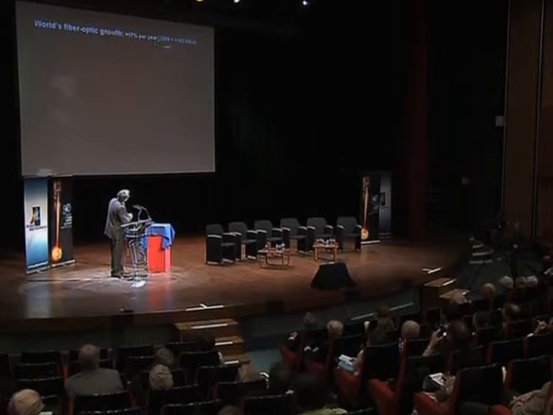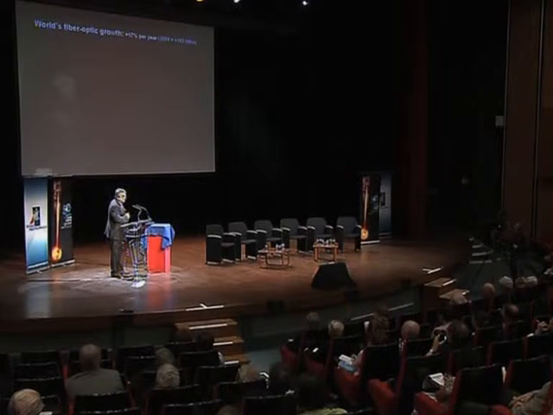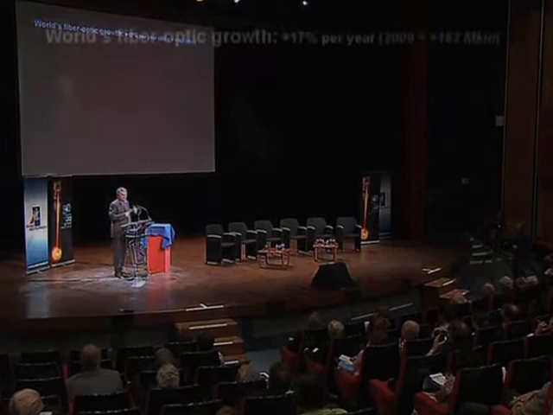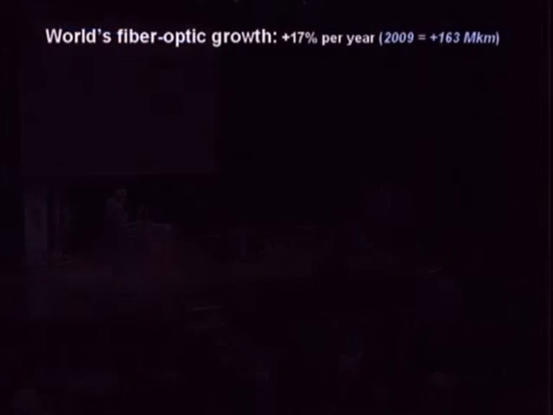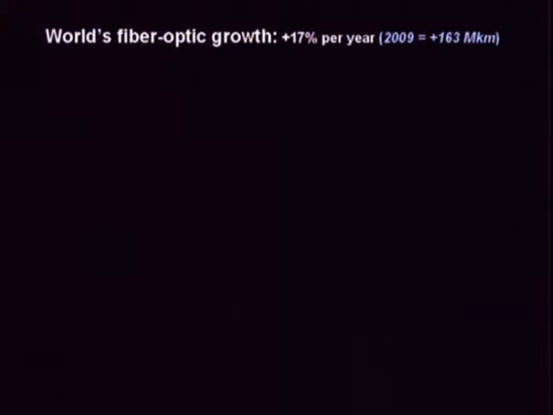And I'm going to finish on this one, which looks innocuous. This is the number of kilometers of fiber that were installed last year, 163 million. Half of it is China, which doubled from 2008. With a growth of 17% per year. Okay, those are just numbers.